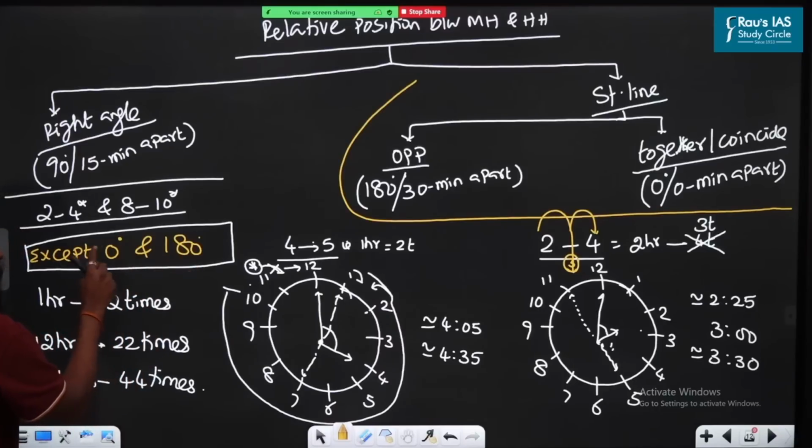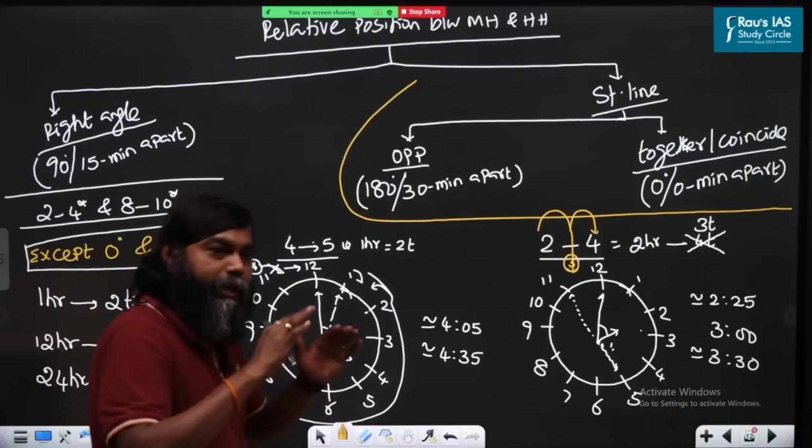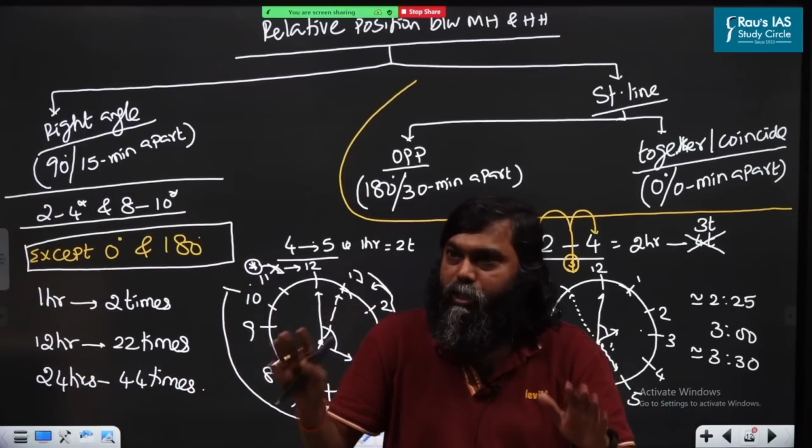So except 0 and 180 degree. Why? For 0 and 180 degree, 1 hour, 1 time, in 1 day, 22 times only. Except 0 and 180 degree, for any remaining angle asked, in 1 hour 2 times, in 1 day 44 times. Every angle has exceptional times, so there is no need of calculating the exceptional times for every angle. Understood?